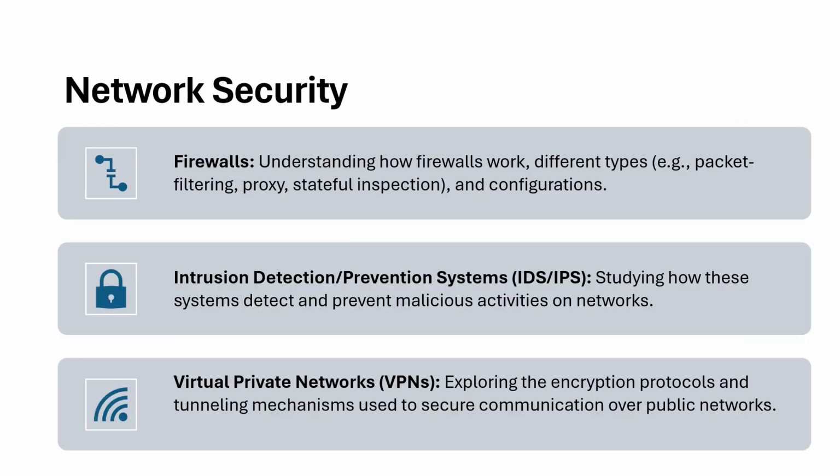Network security involves three subtopics: firewalls, intrusion detection and prevention systems like IDS or IPS, and virtual private networks. Firewalls is basically understanding how firewalls work, and the different types like packet filtering, proxy, stateful inspection, and configuration.